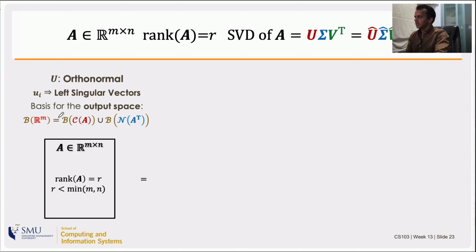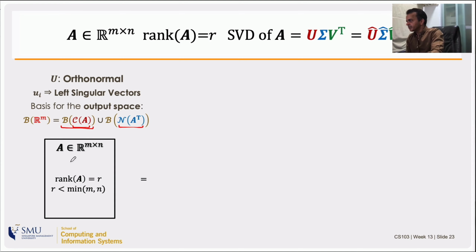We constructed the basis for the input space, and the basis for the output space will be the basis of the column space union the basis of the left null space. We started from the basis for the input space, and then we did the SVD and got a full basis for the output space Rm. The first r vectors would be the basis for the column space. The next m minus r vectors will be the basis for the left null space.